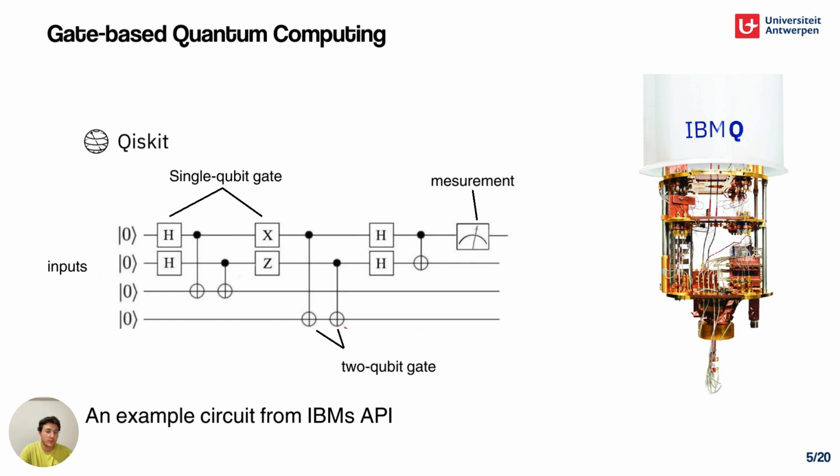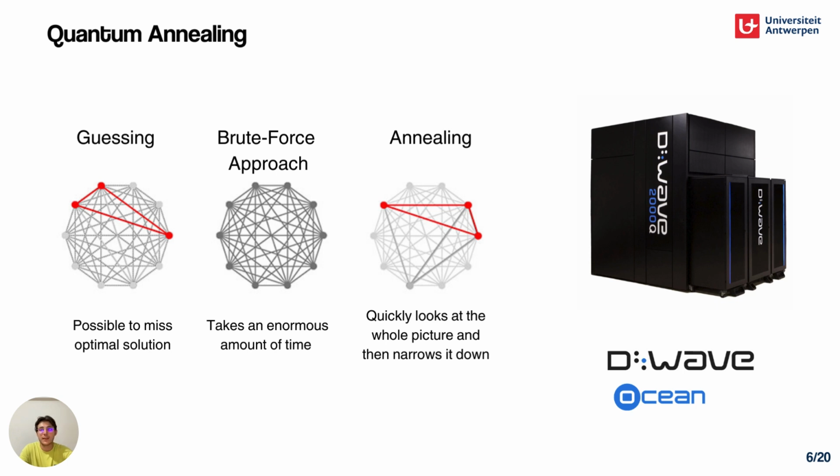And the second one is D-Wave's quantum annealers, which originate from the adiabatic theorem, a physical phenomenon, to solve purely optimization problems. It basically evolves an initial quantum state towards the minimum energy state, and the minimum energy state represents the problem's optimal solution.